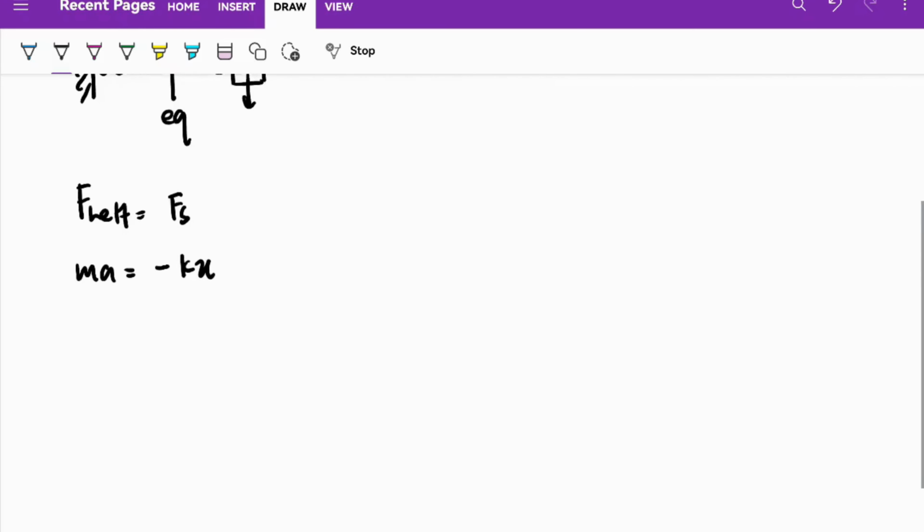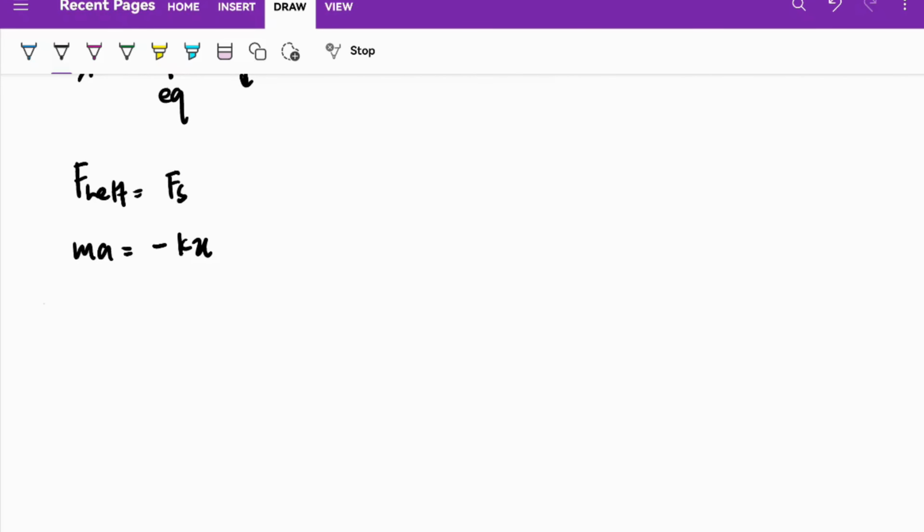Is there a way we can transform this to a differential equation form? Actually there is, because we know a is d2x over dt squared. Why out of everything do I choose d2x over dt squared? Why can't I take dv/dt?